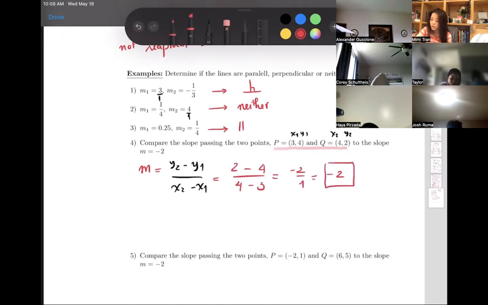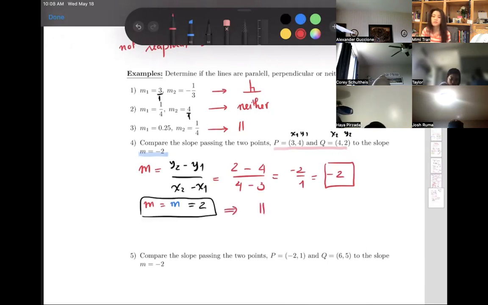Compared to this one, they're the same. So you can say m equals the blue m equals 2. So that means what? Parallel. I'll write it out. Parallel. That's your final answer, parallel.